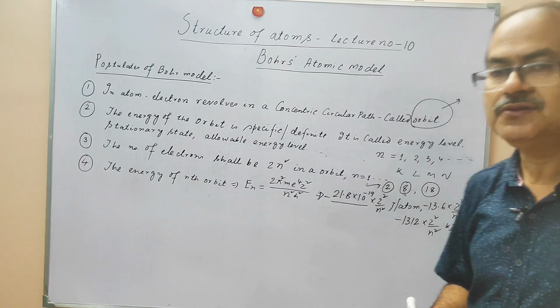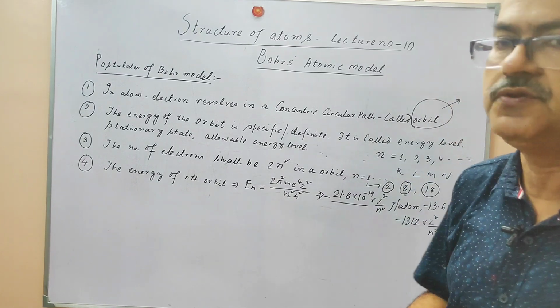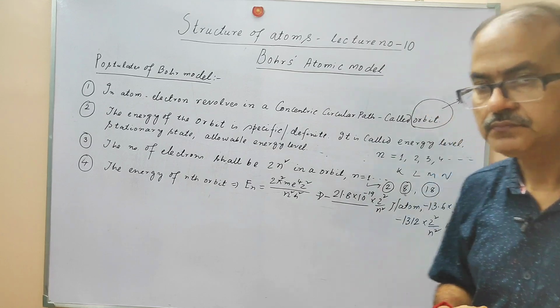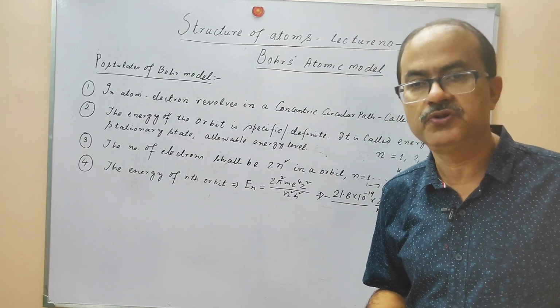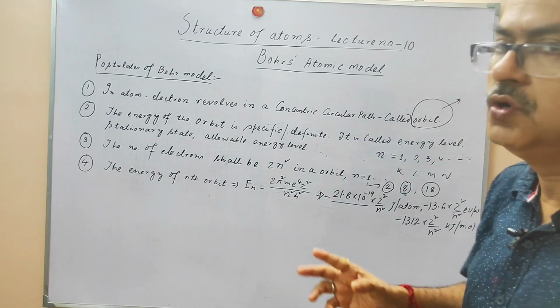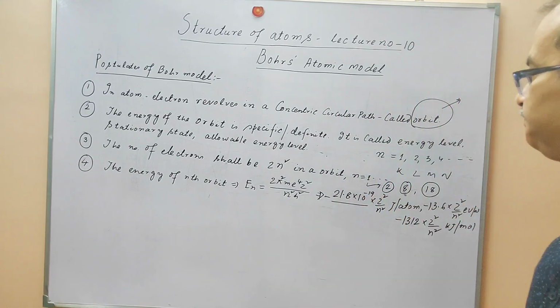In numericals you will face these things, so it is necessary for you to remember them. Sometimes energy is expressed in electron volt, sometimes in kilojoule per mole, so accordingly you have to remember this.